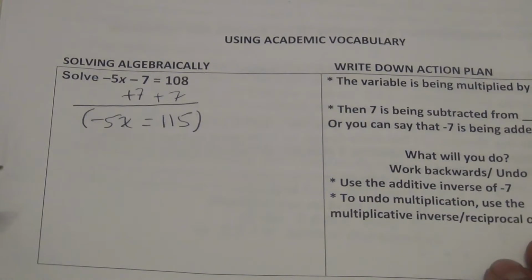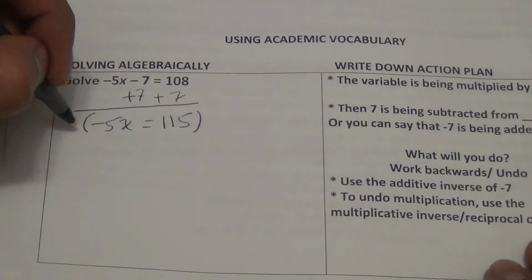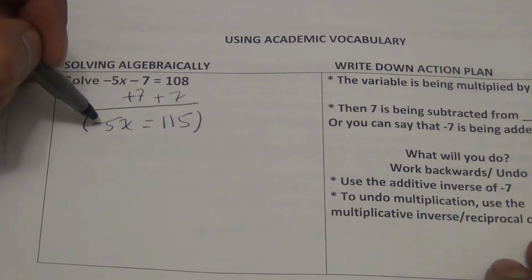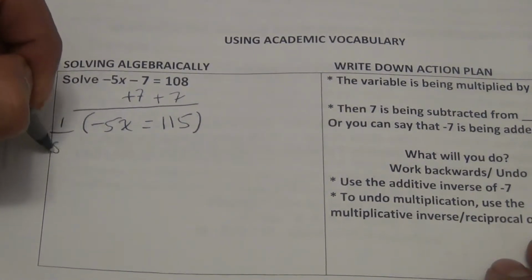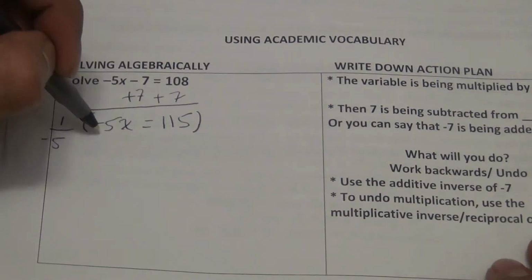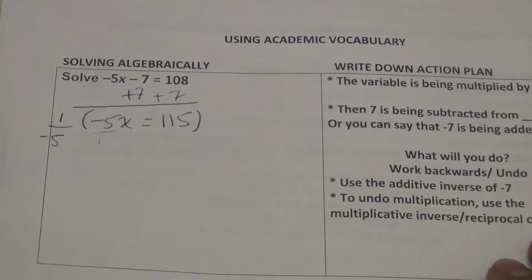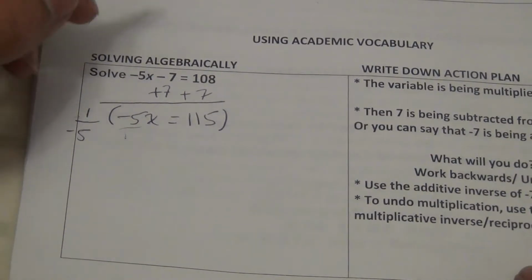So this time, I'm going to use the multiplicative inverse, and you're already familiar with that. What is the multiplicative inverse of -5? It's 1 over -5. How? Because this is -5 over 1, remember?